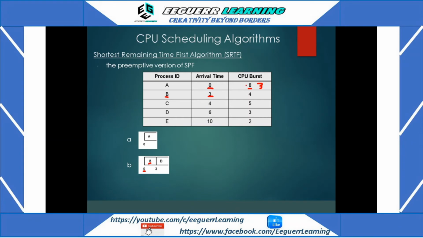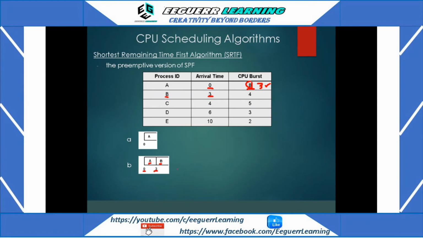So this CPU burst will be interrupted, and only 3 milliseconds will be processed from that 8 burst. The finished value for process A will just be 3, and process B will now be accommodated.